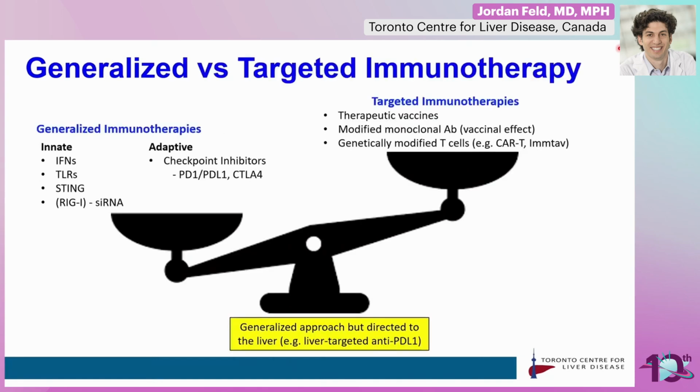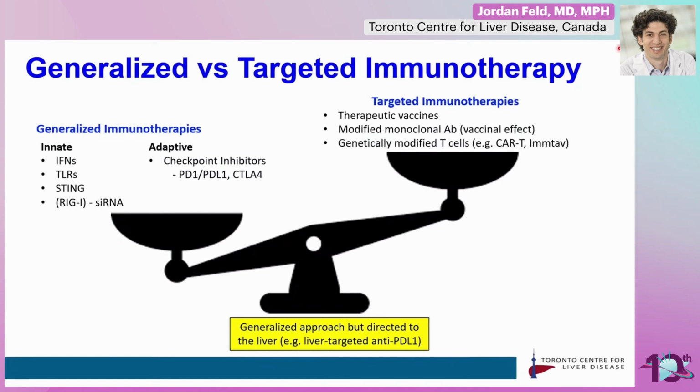So you can really think about immunotherapy in two very broad categories: generalized immunotherapy versus targeted immunotherapy. On the generalized side, you can stimulate innate immunity, or you can broadly stimulate adaptive immunity, and here the best example would be checkpoint inhibition, which is a fairly broad approach.